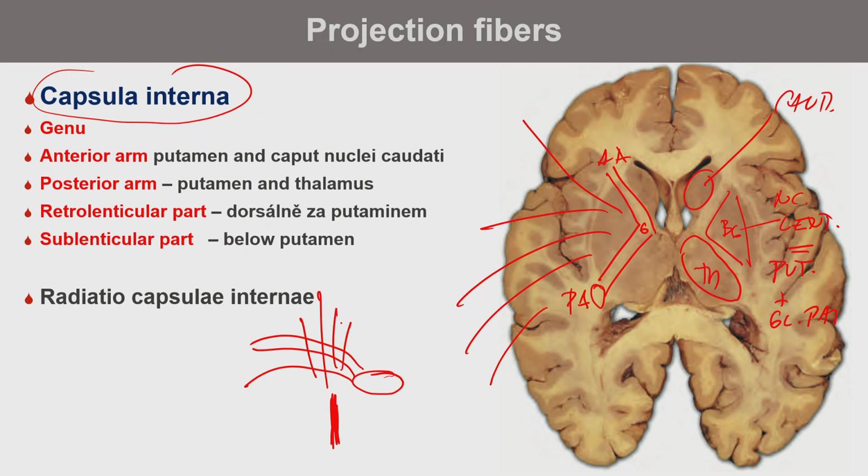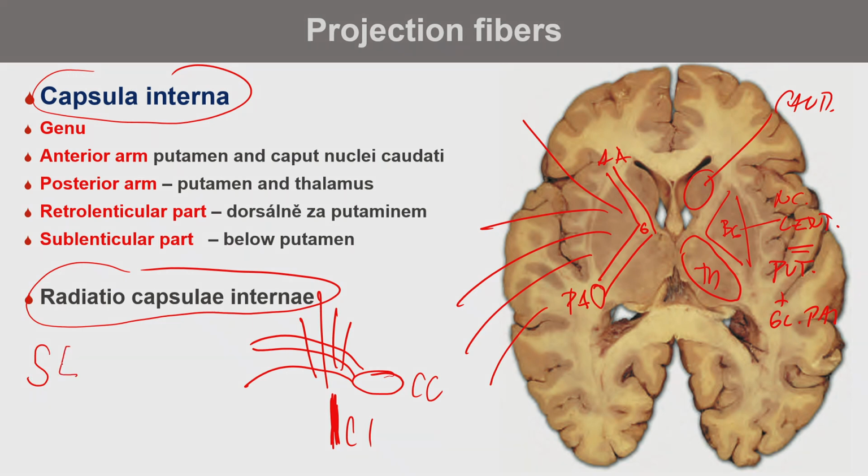This crossing area is where is a radiation, and this radiation crossing with corpus callosum fibers and capsula interna is in a part which is also known as a semi-oval centrum. So this is capsula interna.